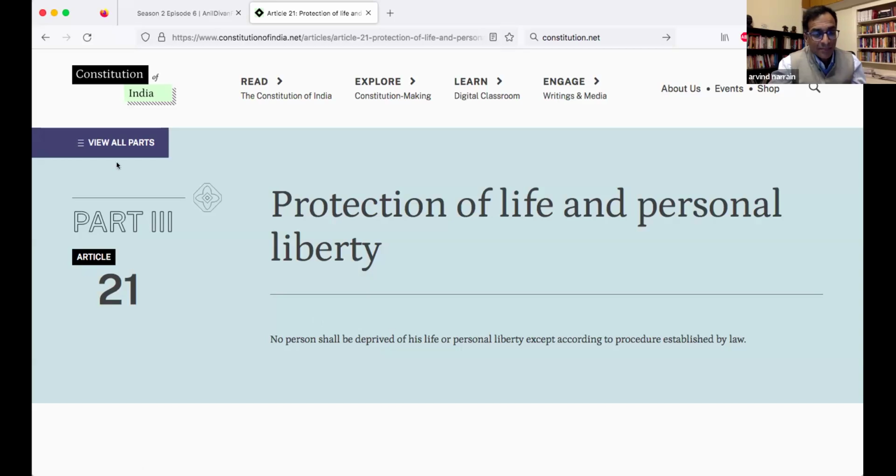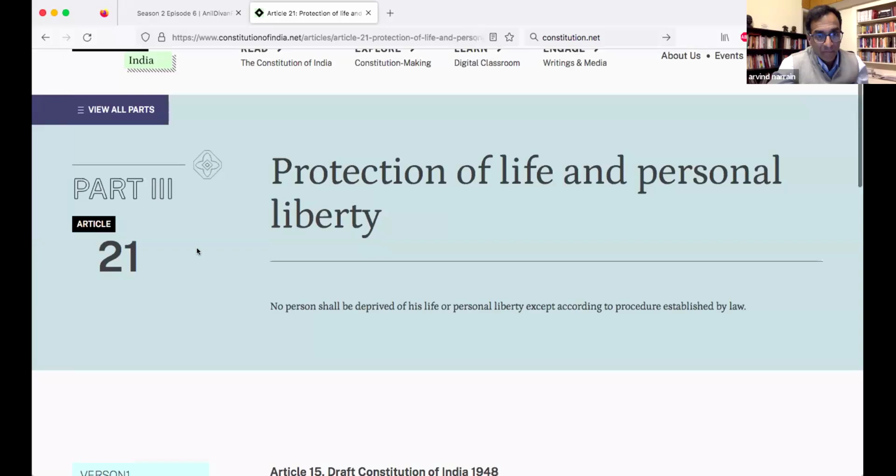So just keep this in mind, the wording and how later on this got developed. I think the dissenting judgment of Justice Khanna more or less talks about this, that life and liberty is not something which somebody confers, but it is inherent in all human beings, like the Universal Declaration. Yeah, Arvind, please continue.